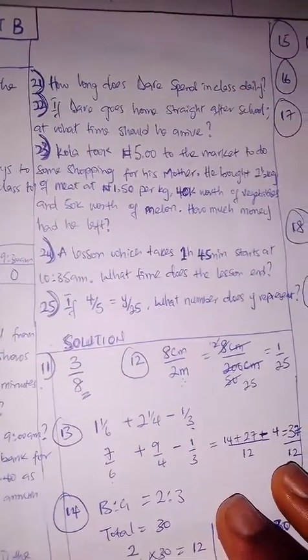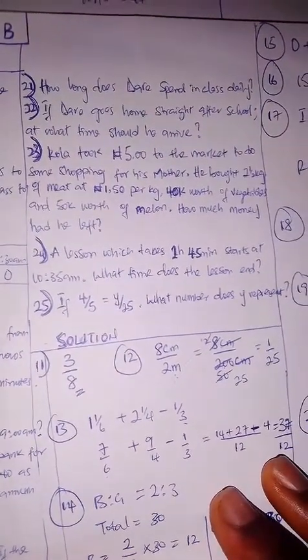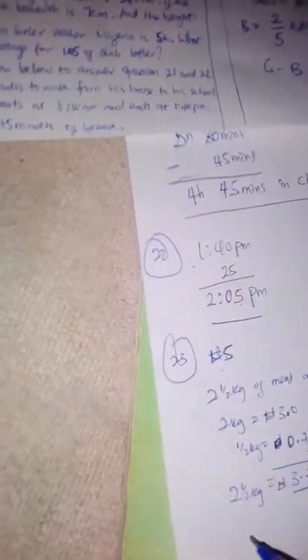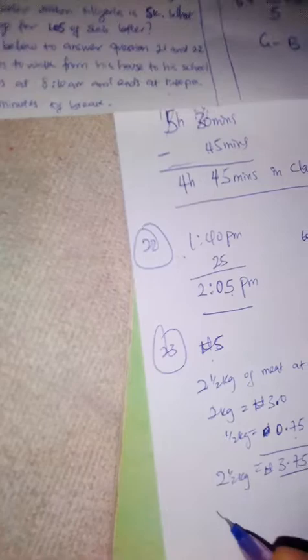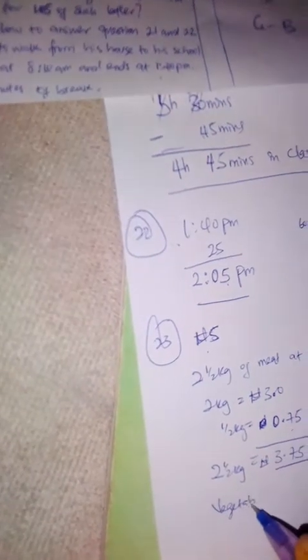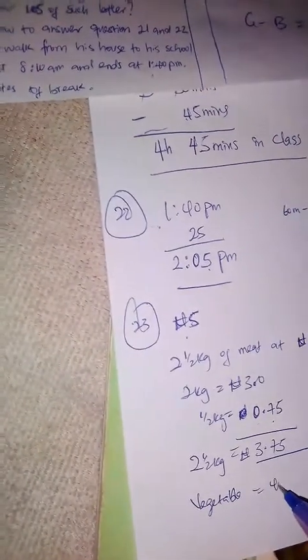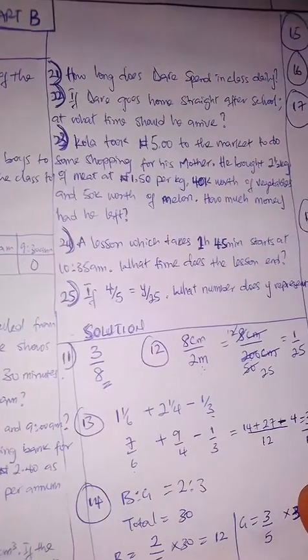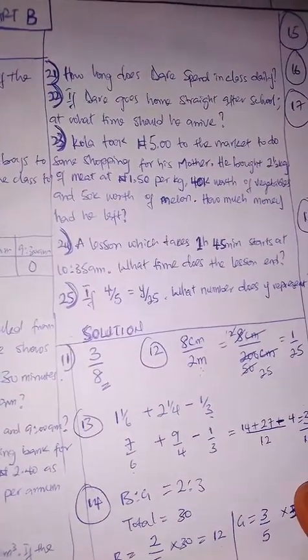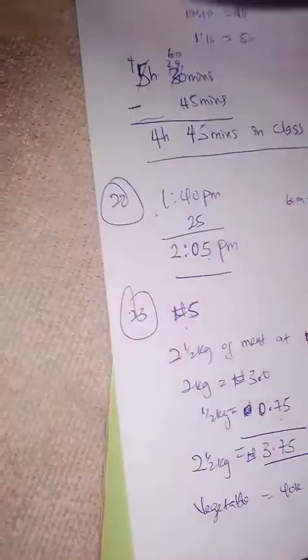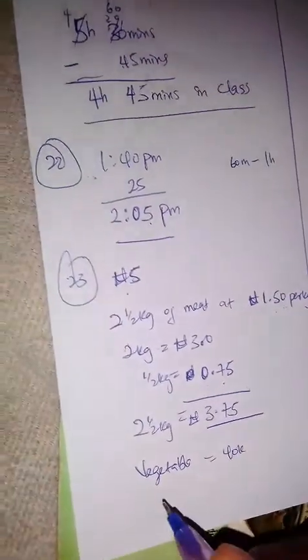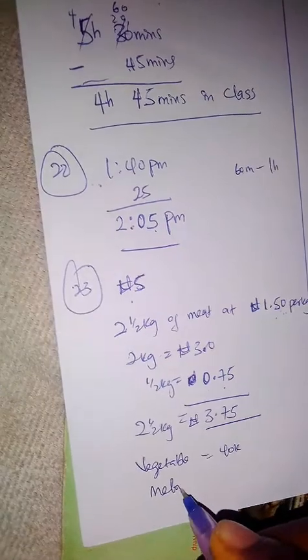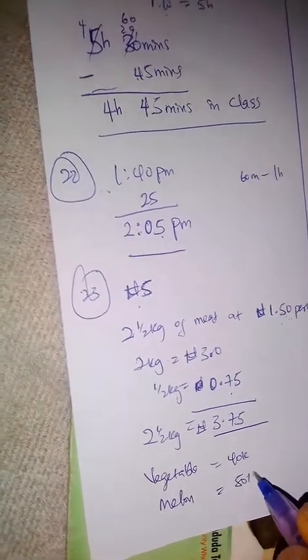He said he bought 40 kobo worth of vegetable, and 50 kobo worth of melon.